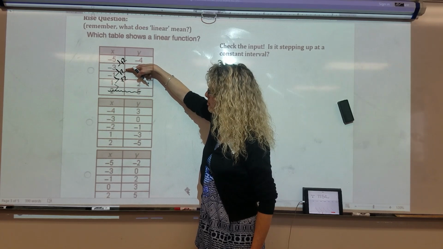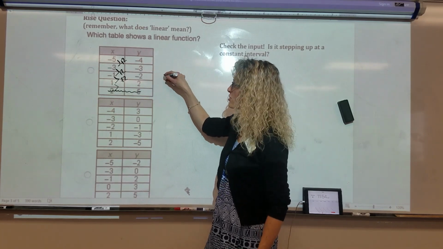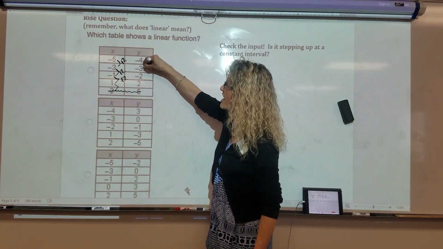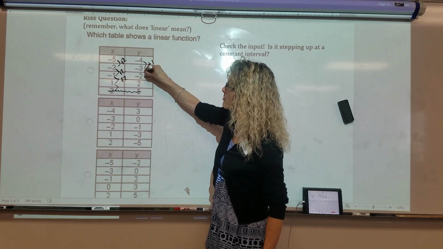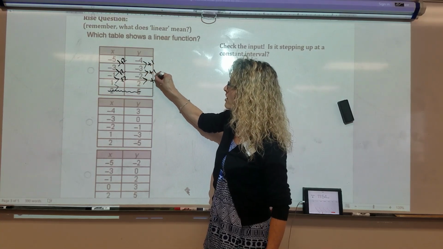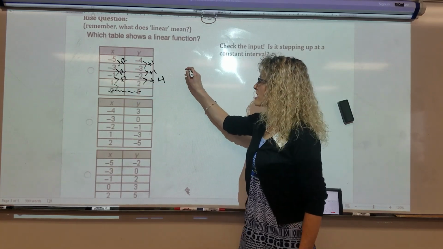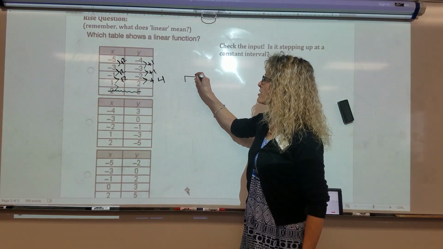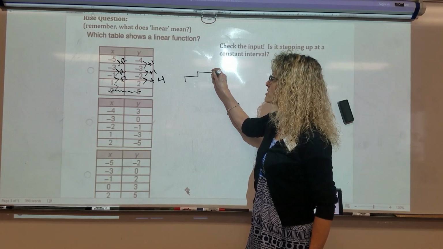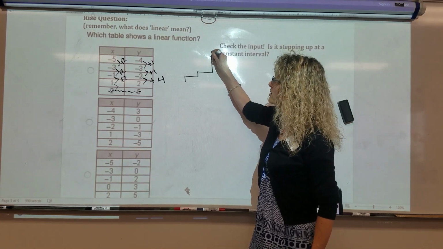So this is jumping up consistently, like think about my run 2, run 2, run 2. What about my rise? My rise is going up 1, my rise is going up 1. Uh-oh, my rise just went up 4. So if I were graphing this, I'd go rise 1, run 2, rise 1, run 2, rise 4, run 2.